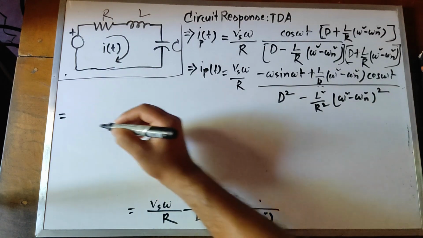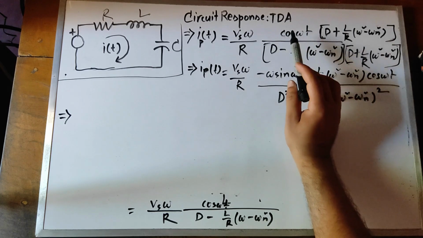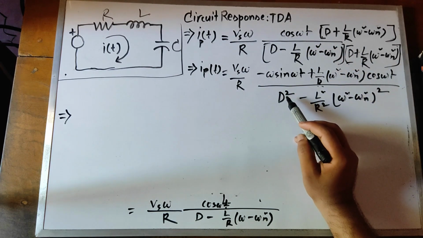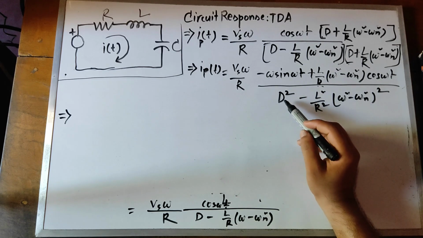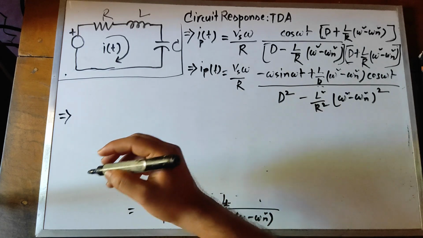So the numerator is cos omega t, or sine, doesn't matter, the D squared term will be minus omega squared.